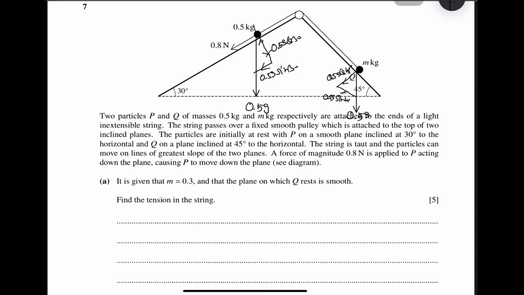The normal reactions will be on P and Q. Then tension will be in this direction. Tension will be the same since it is connected by an inextensible string, and acceleration will also be the same.